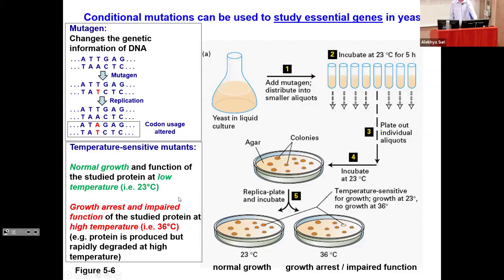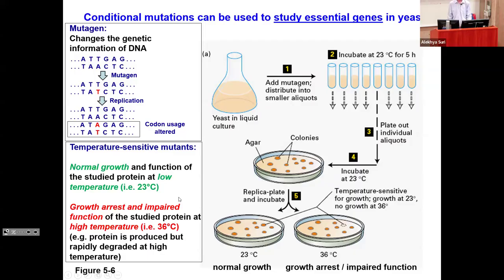So again, normal growth would be at room temperature, 20, or whatever, 23 degrees Celsius. If you increase the temperature, for example here 30, 36 or some high temperature, you would see cells are not growing anymore.